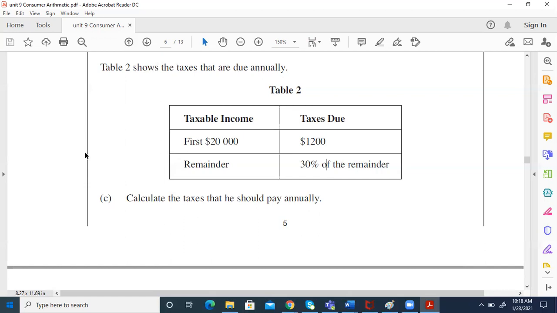So what about the 1,200? You're not doing anything with that? With the 1,200, I'll add it back to the 2,070, so the tax that you'll pay will be equal to $3,270 of what he has left after taking out the allowances.